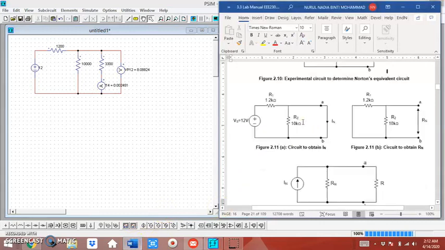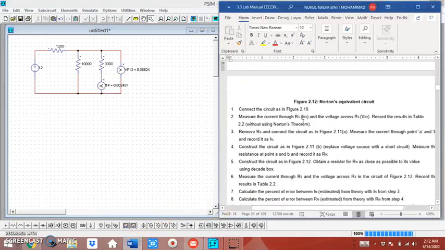So now let's proceed to step 3 and step 4. Step 3, remove the R3 and then measure the current, where the current is equal to IN.